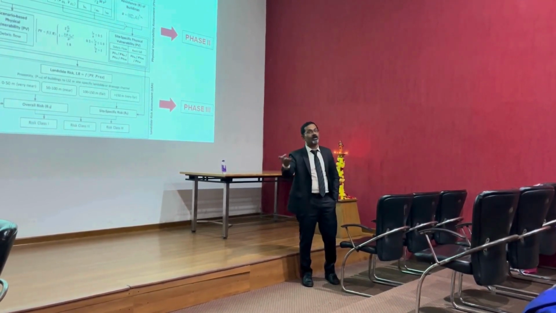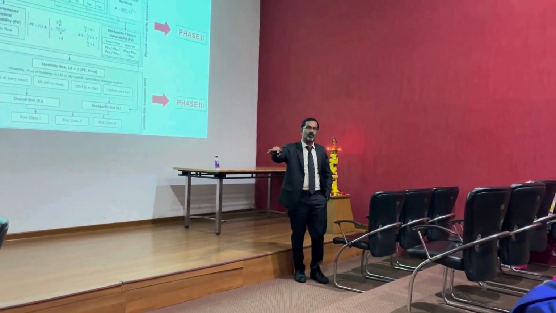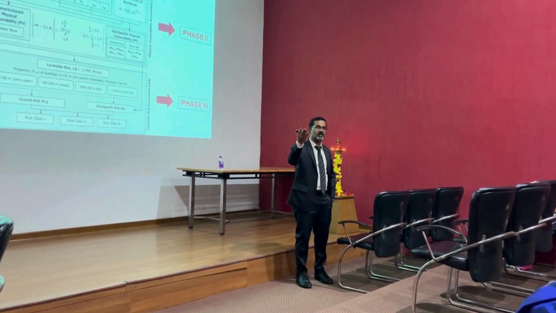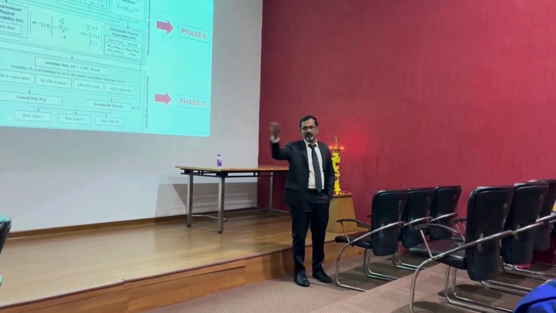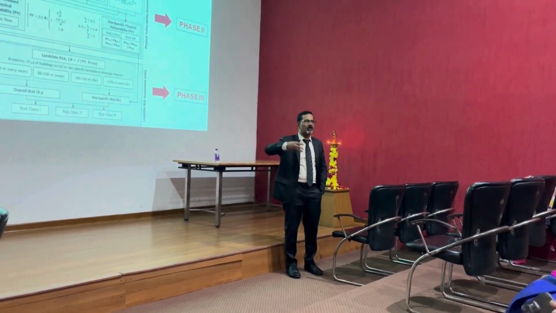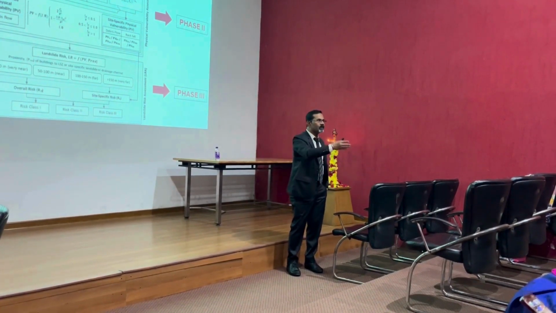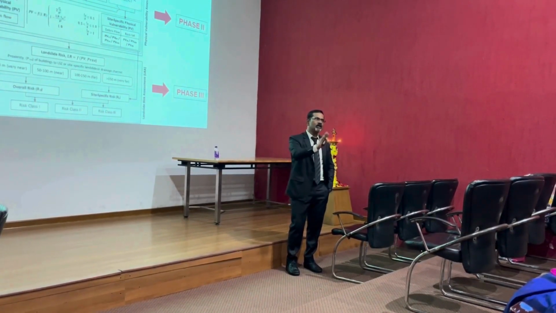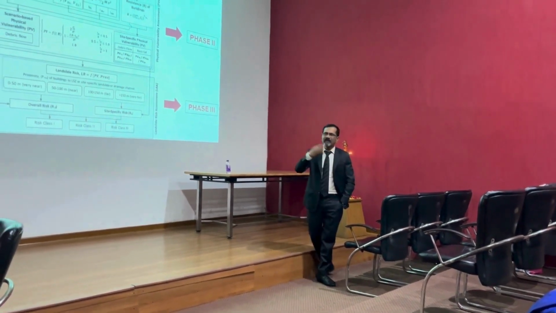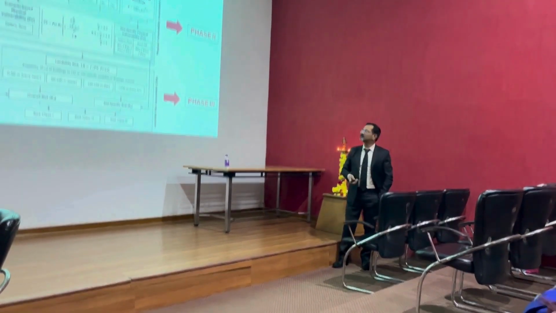Now the thought process is shifting. Earlier we had to straight away submit the proposal. Now they are asking for an expression of interest: what is your thought process, and whether it is really required for the country. They will evaluate from this ground. Then they will say, yes, your expression of interest is interesting, so you submit a project proposal. So the process is changing.